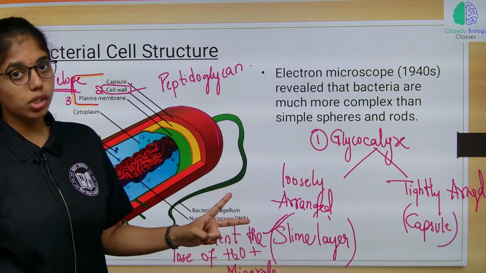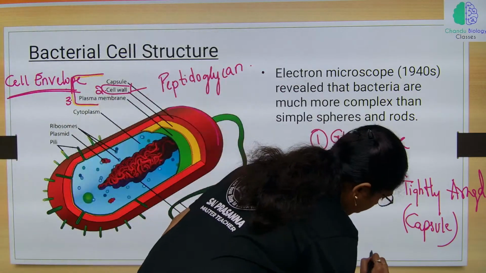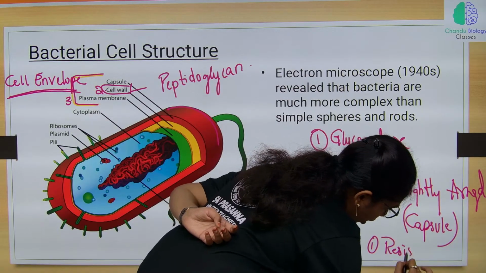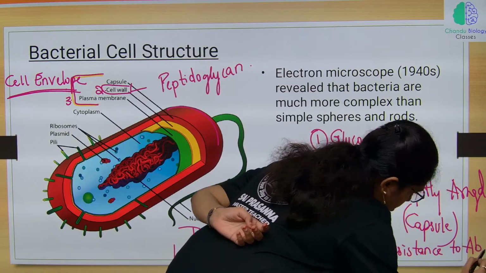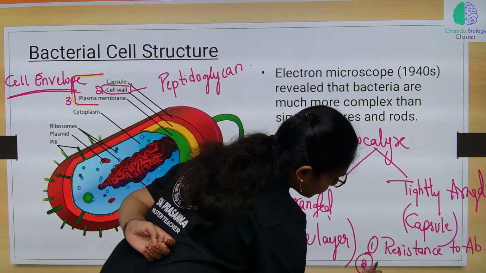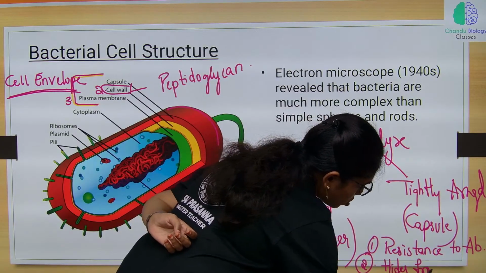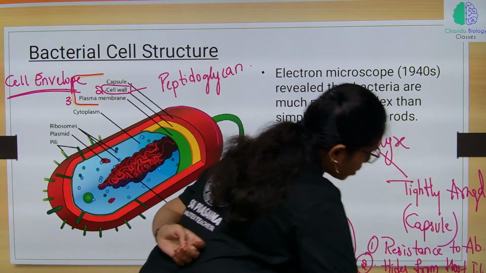These two are the major benefits if the outer layer is a capsule. What are they? First is resistance to antibiotics. Second is hides from the host immune system. Clear, right?